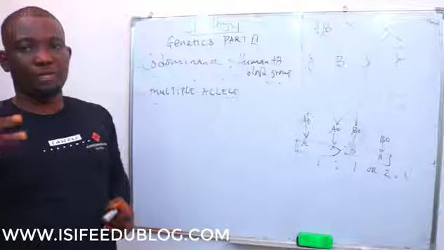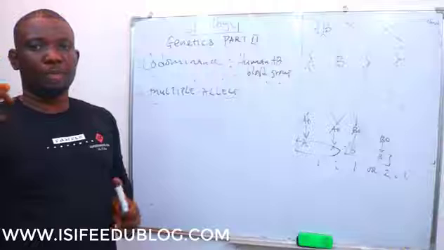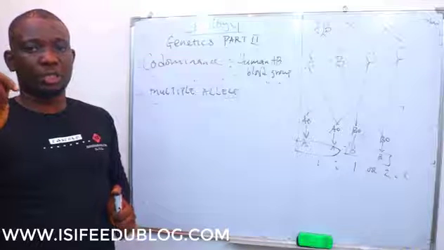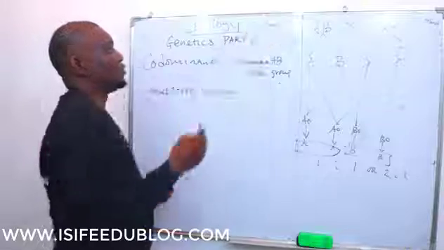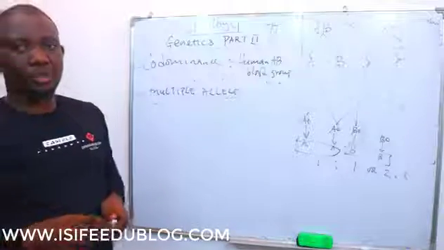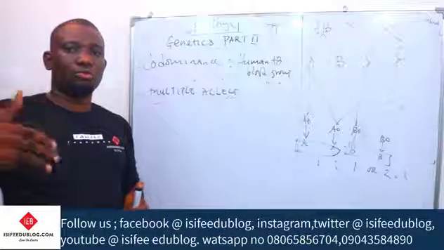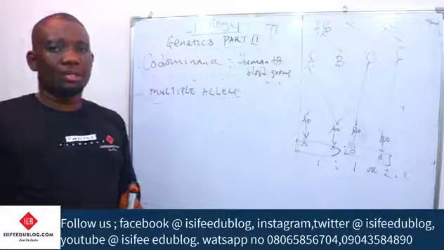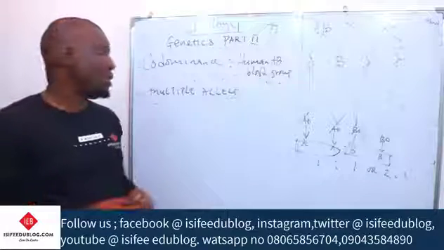Normally we are conversant with a pair of character that one gene controls, that is allele. When you have 2 pairs controlled by one gene, it is allele. But when one gene controls 3 or more characters, it becomes a multiple allele.